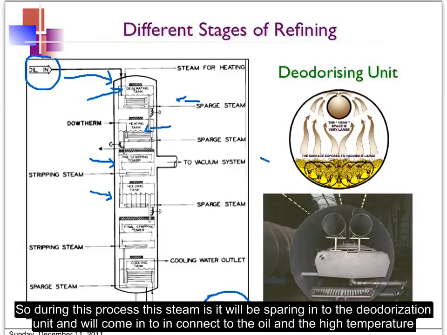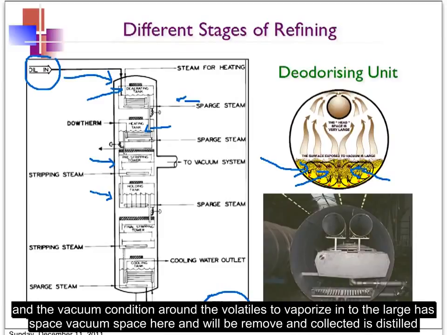During this process, the steam will be dispatched into the deodorizer unit and will come into intimate contact with the oil, and the high temperature and the vacuum condition will allow the volatiles to vaporize into the large headspace vacuum space here, and will be removed and collected as distillate.